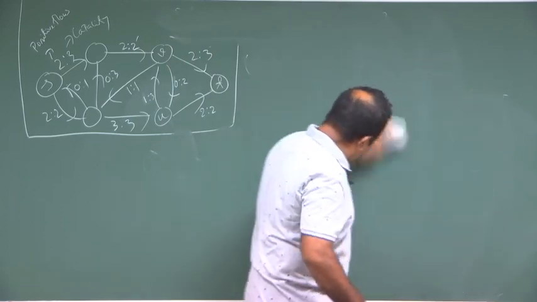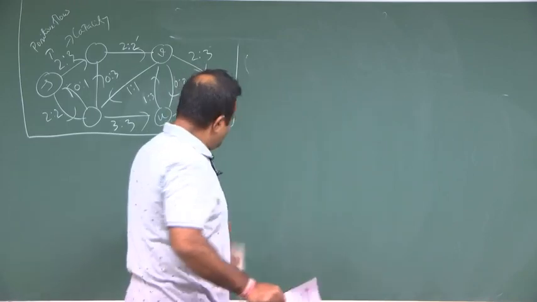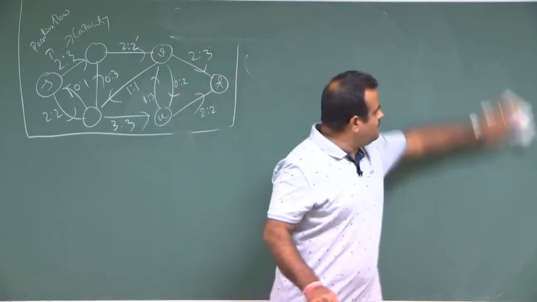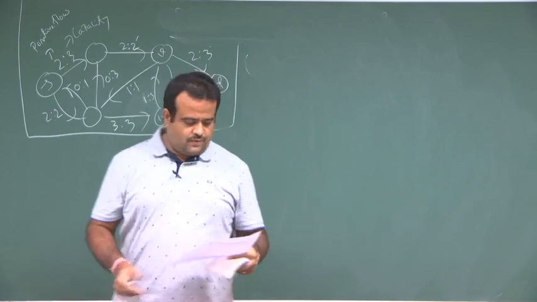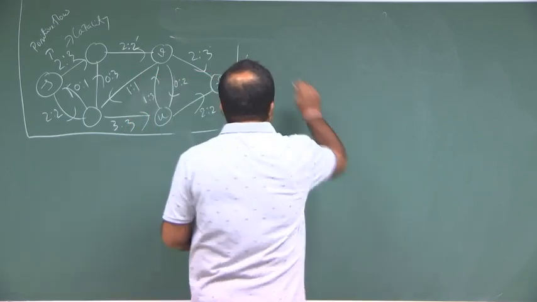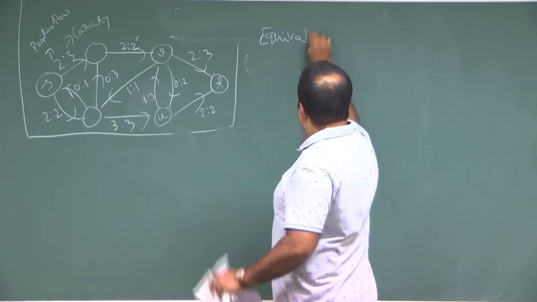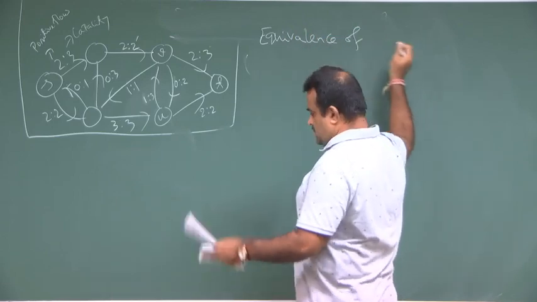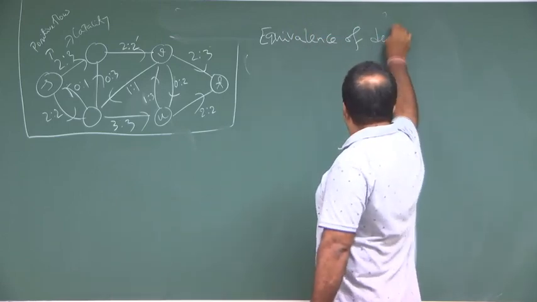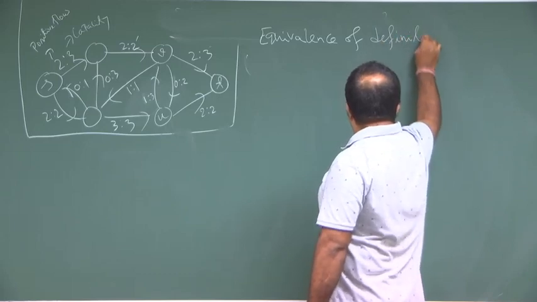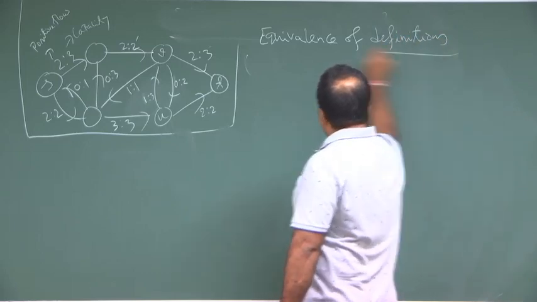If we are given a positive flow, we basically have a net flow. If we have a net flow, we can have a positive flow. So, this is called equivalence of two definitions: one is net flow, another one is positive flow.